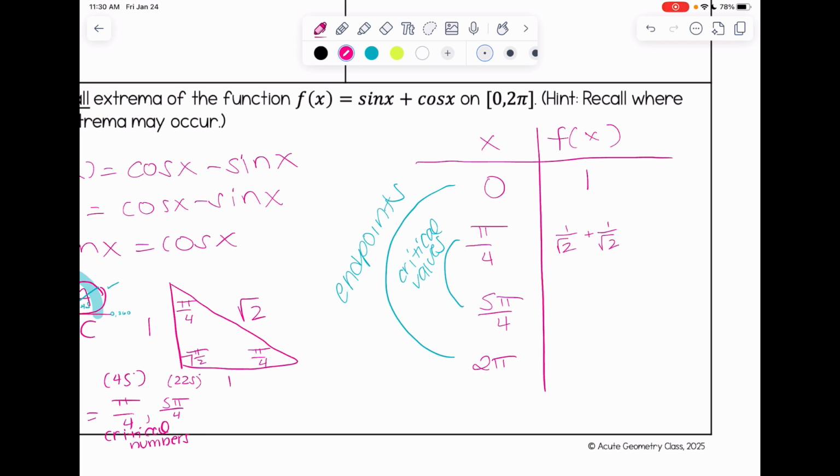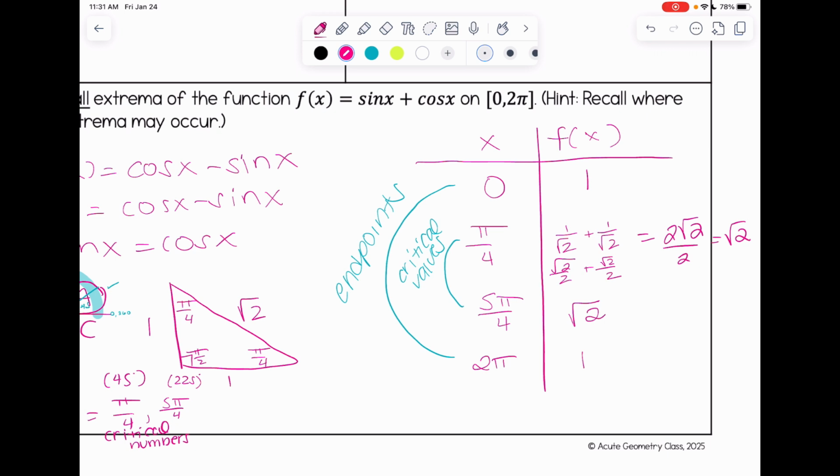If you know how to rationalize them, you might have learned that those are radical 2 over 2 plus radical 2 over 2. So that gives me 2 radical 2 over 2, or just radical 2. We've already established that it's going to be the same answer for 5 pi over 4. And 2 pi is going to be 1 again, because 0 and 2 pi are coterminal angles, so the answers will come out identical there.